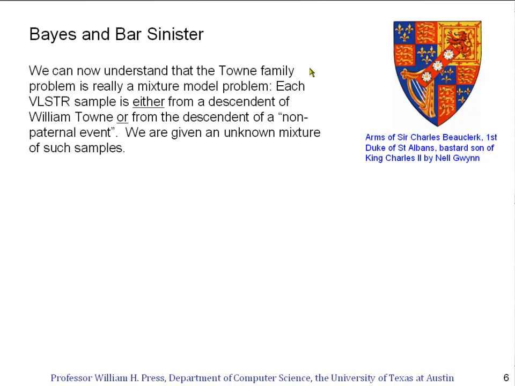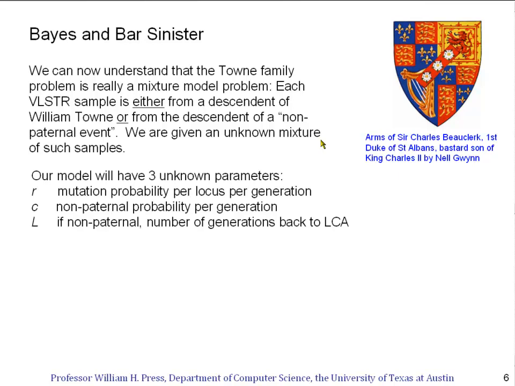And we're given an unknown mixture of such samples, the Townes down at the bottom of the family tree, and we have an assignment problem. We want to assign each Towne either to the true descendant component or to the non-paternal event component. So let's see how we do that using the formalism that we've just developed.